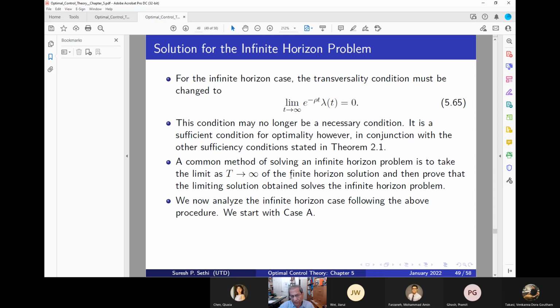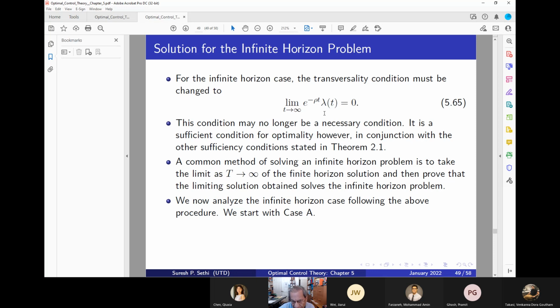Let's finish the infinite horizon solution, and then we'll switch to chapter 6. The infinite horizon solution, we know that transversality condition is given by this. This is the standard.